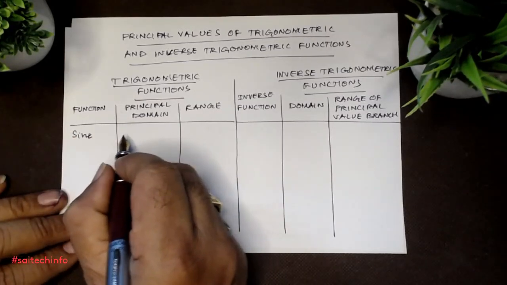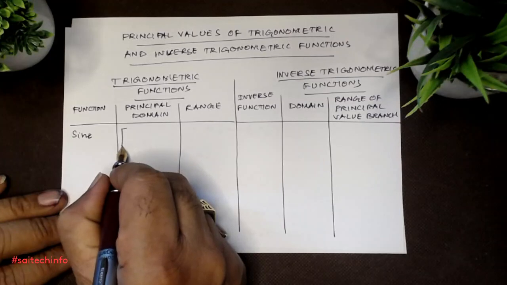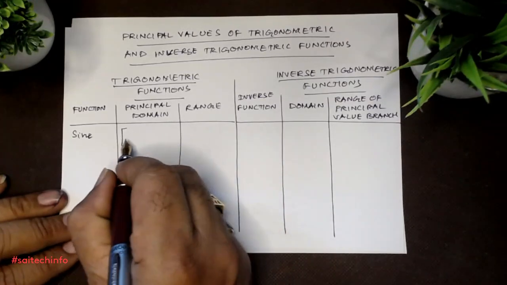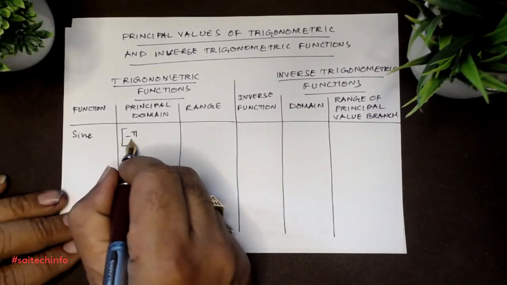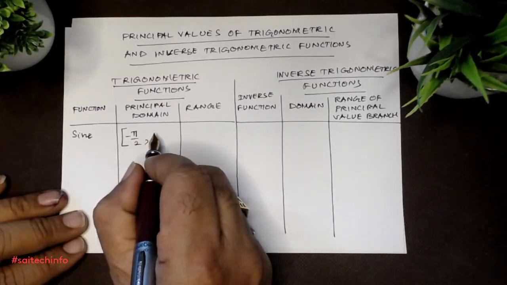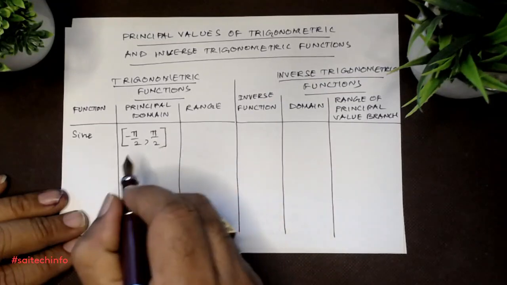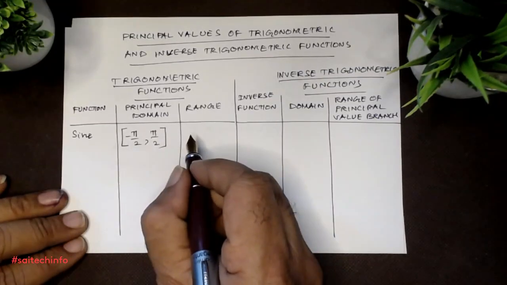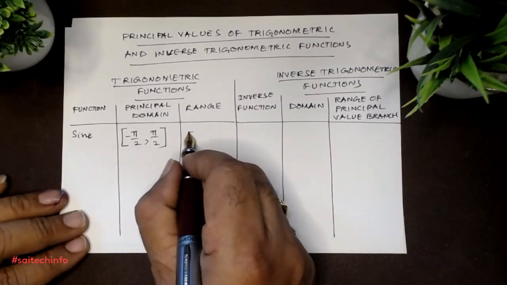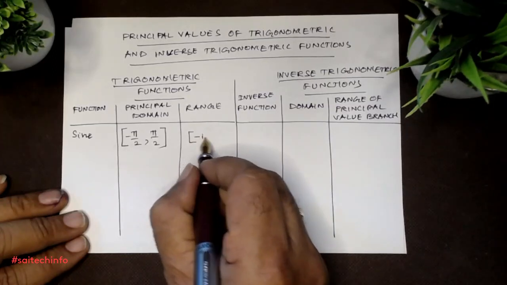For sine function, the principal domain is the closed interval minus pi by 2 comma pi by 2, and the range is between minus 1 comma 1.